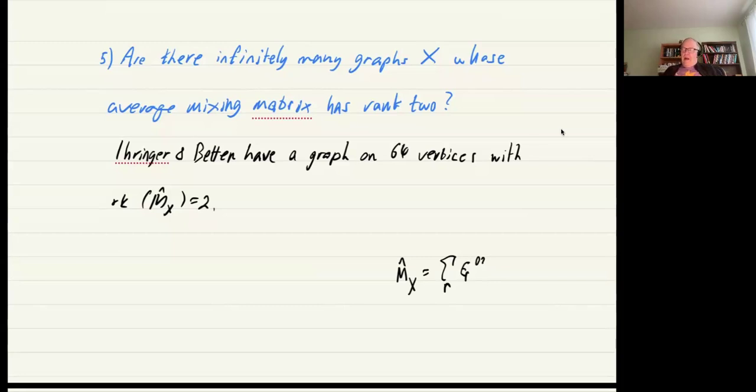That's the next step. And now a lot of us put a fair bit of work into this, and the state of the art is that Ada and Betten came up with a graph on 64 vertices with rank 2. So that's the largest we know. They also have examples on 32 and 16. It's an open question whether you can do more.